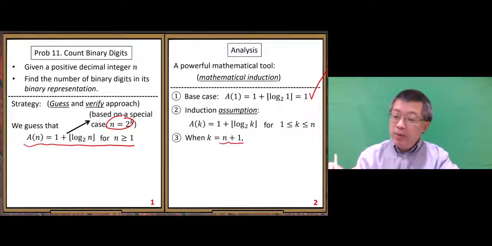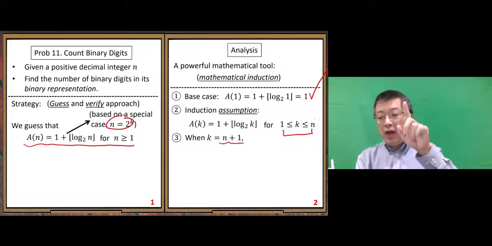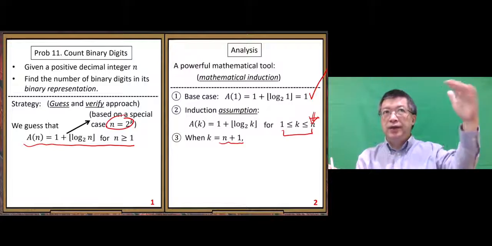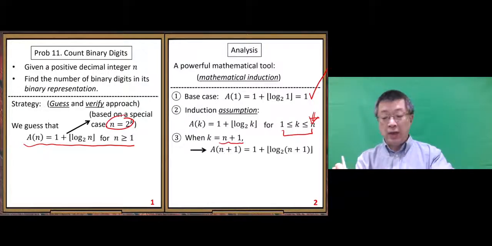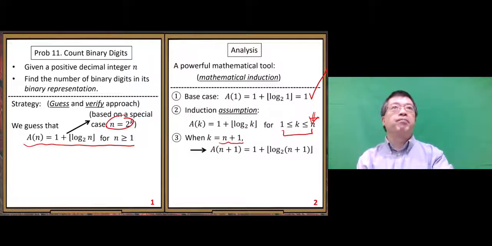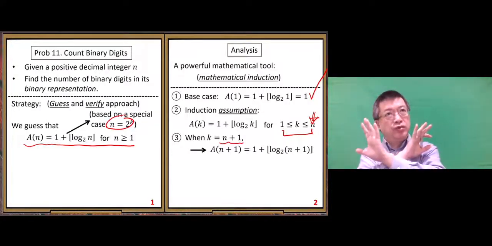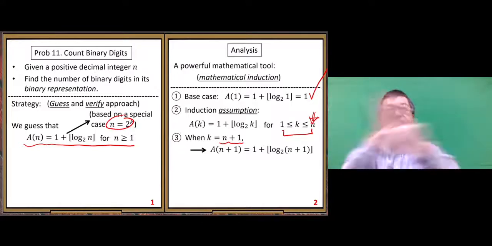So the number 1 higher than the largest number in the range of your assumption. That is the basic idea of mathematical induction. If you can prove that when k equals n plus 1 this formula is still true, then you prove the formula is true for all positive integers n.